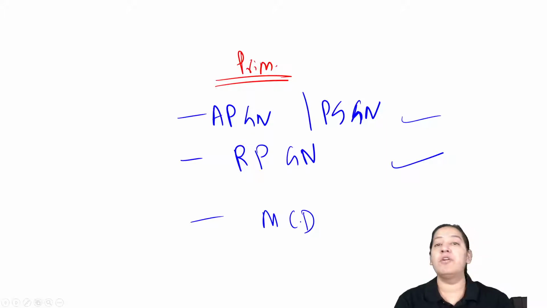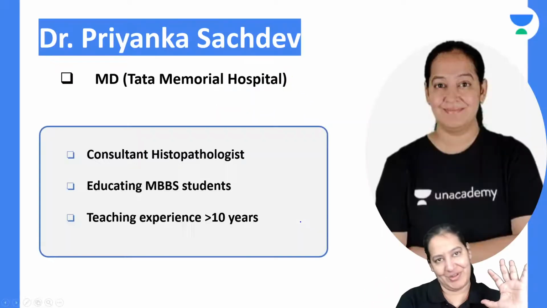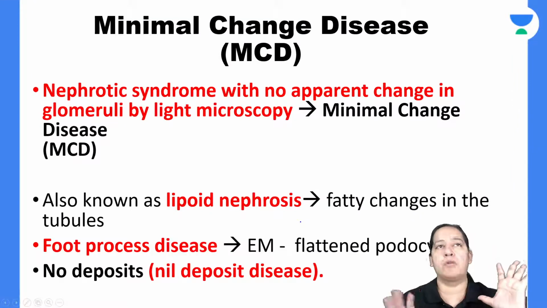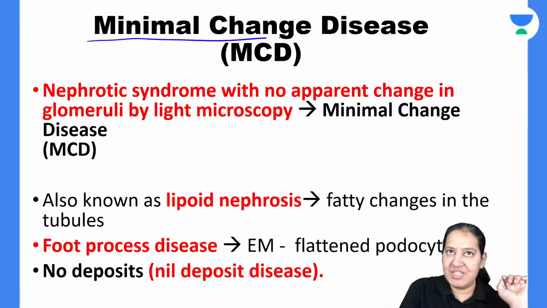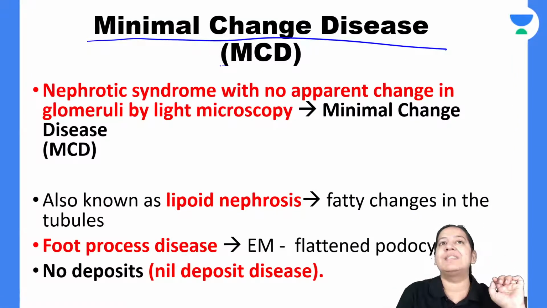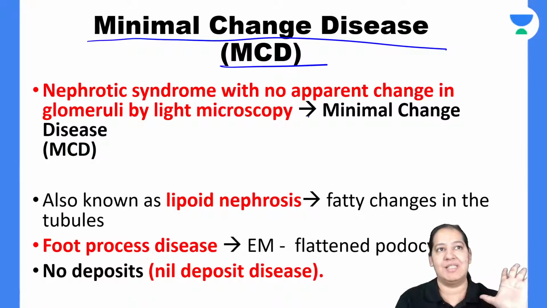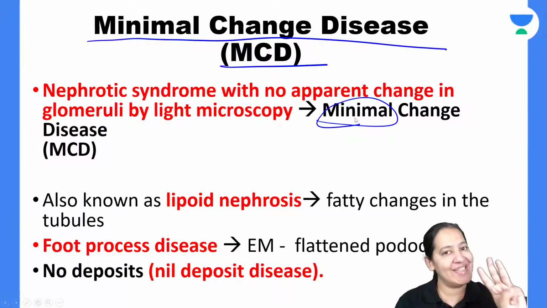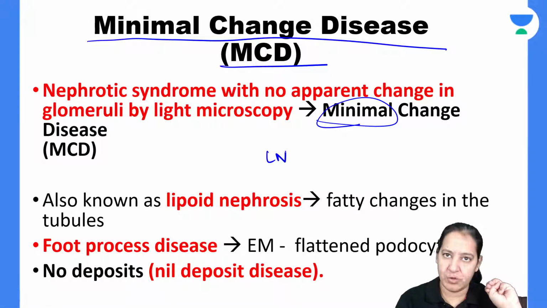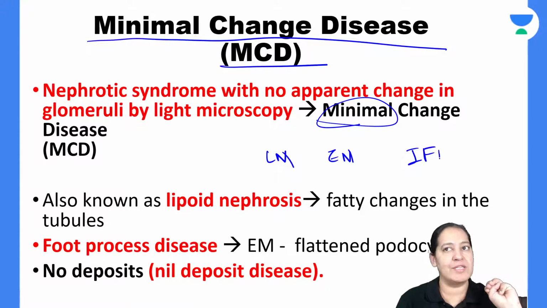It is a type of glomerulonephritis which occurs in children. Let me brief you about it. So minimal change disease, also known as MCD. Why is it known as minimal change disease? As I have told you, in glomerulonephritis we see 3 microscopies: light microscopy, electron microscopy, and immunofluorescence microscopy.